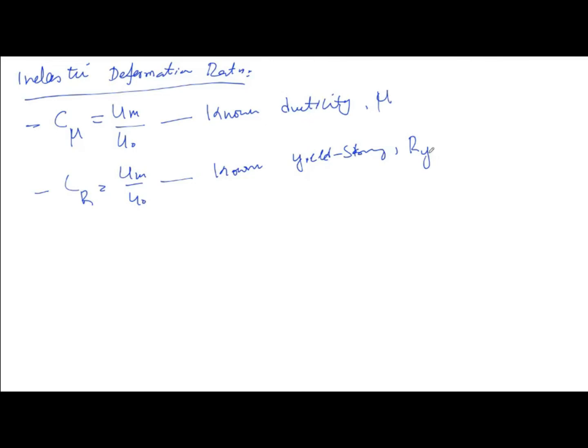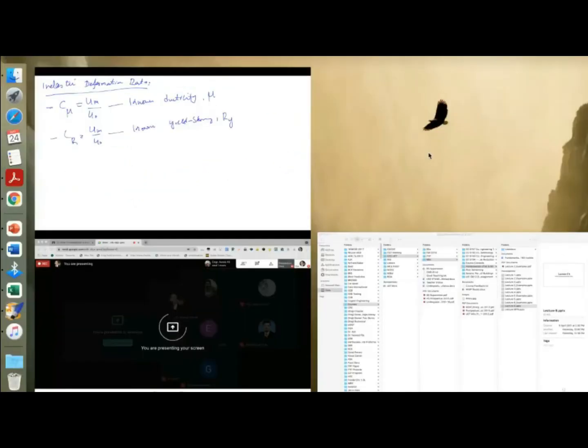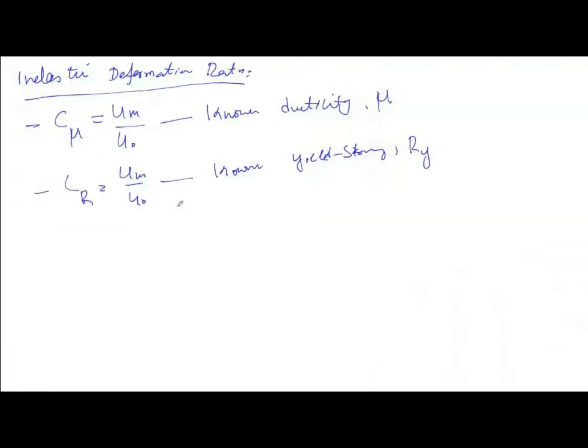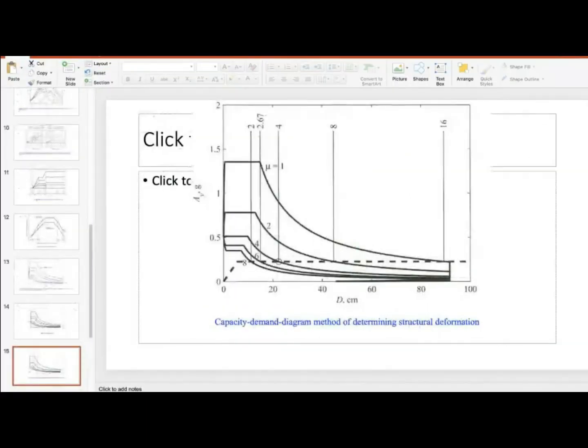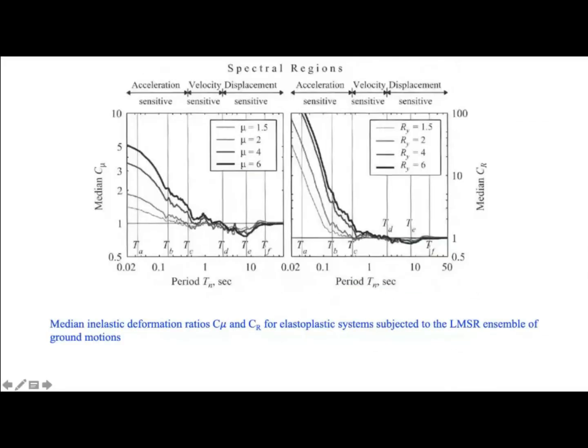So let me just quickly go to those figures. Okay, so here you see the median estimate of the C mu or the CR for the various values of ductility or for the various values of the strength reduction factor.